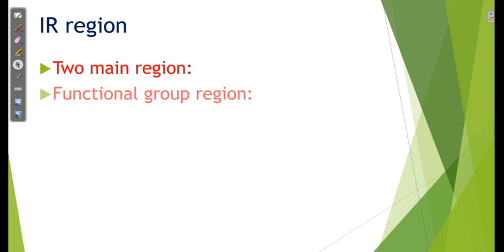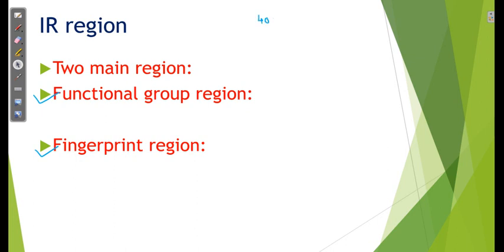So the IR region is basically divided into two main portions. One is the functional group region and another is the fingerprint region. Normally, to make a broad scale, we have values from 4000 cm⁻¹ to 400 cm⁻¹.